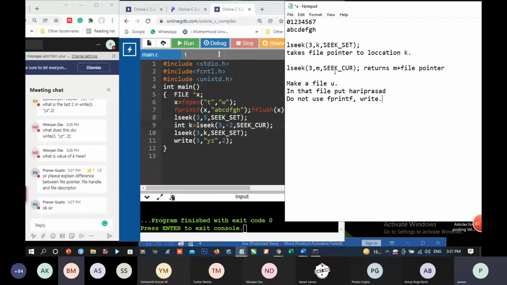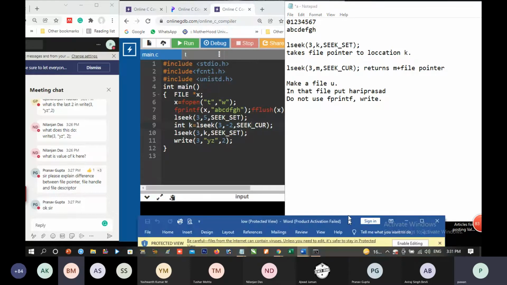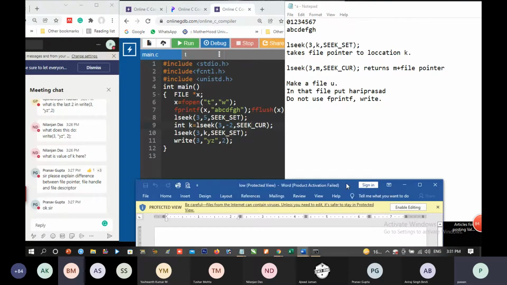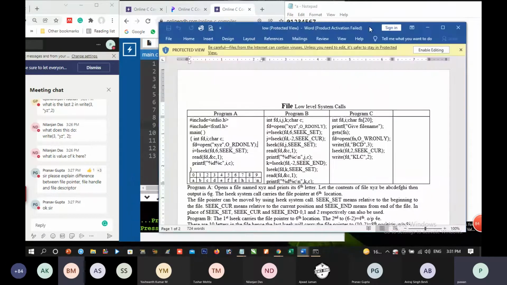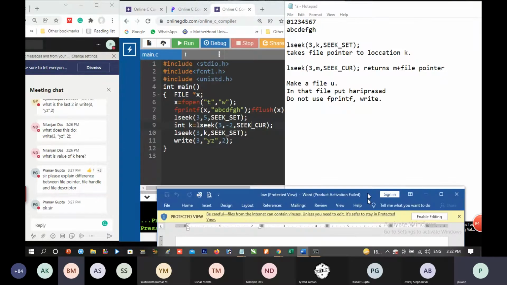Okay, sir. Got it. Any more doubt? So here it went to garbage. That is why we had to put line number 10. We have to put it because it was negative. If it were not negative, we wouldn't have to put it. And on some systems it works. In some systems it even works with negative also, the file pointer becoming negative.